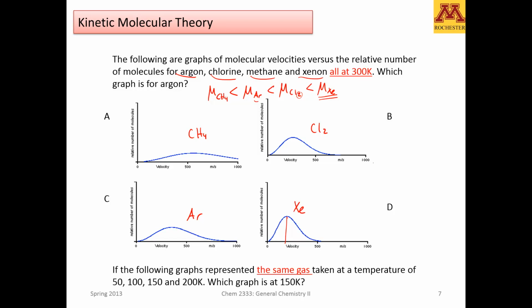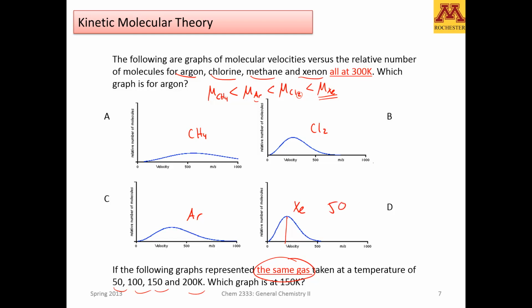Now the question is, if all these graphs represented the same gas but at different temperatures, which one would represent, say, 50, 100, 150, and 200? We said that the smaller the temperature, the higher the peak and the more displaced to the left, that is, the lower the average velocity.